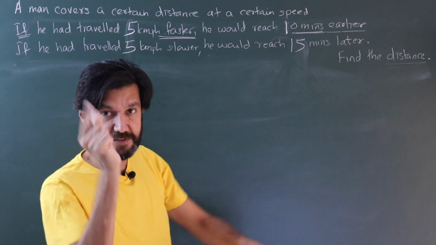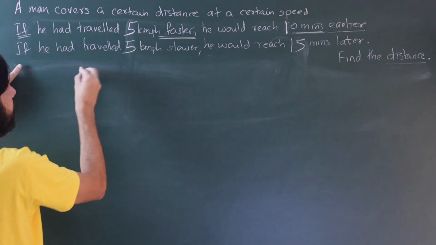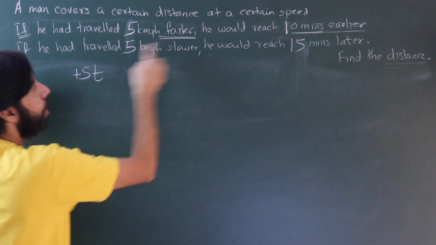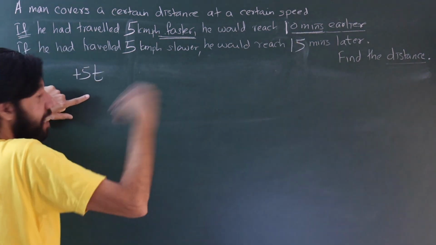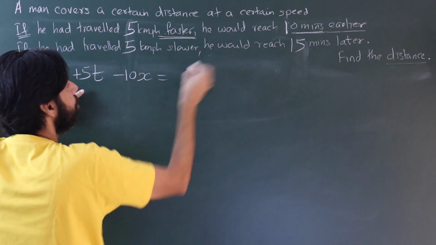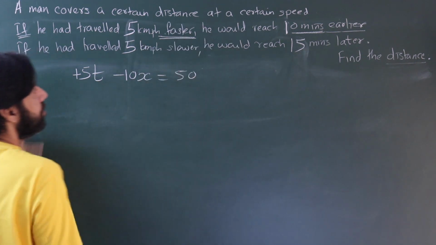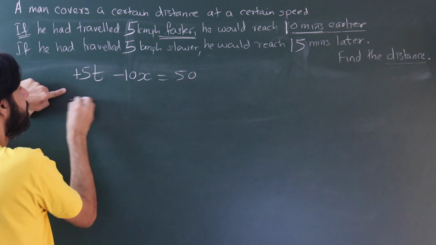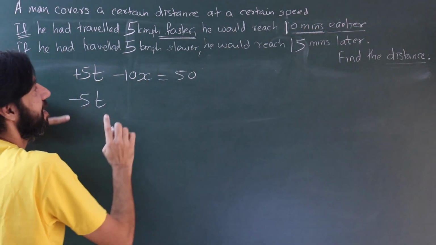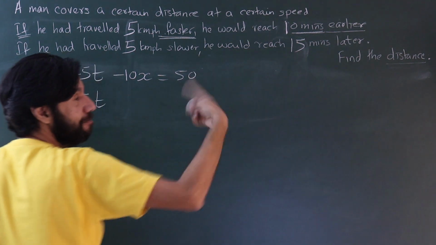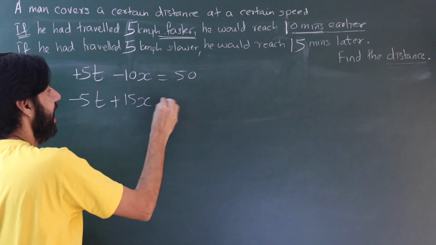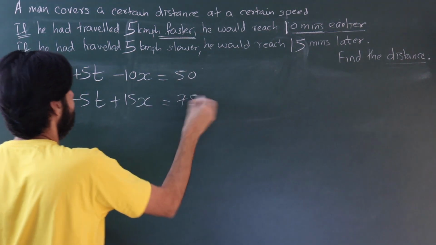Now time yourself and see, can you do it fast? 5 kilometers faster, plus 5, but into time, I would reach 10 minutes earlier. 10 minutes less, but into speed, is equal to 5 into 10, 50. 5 kilometers slower, minus 5 into the other bracket, oh, that has t in it. 15 minutes more, plus 15 into the earlier variable x, is 5 into 15, 75.